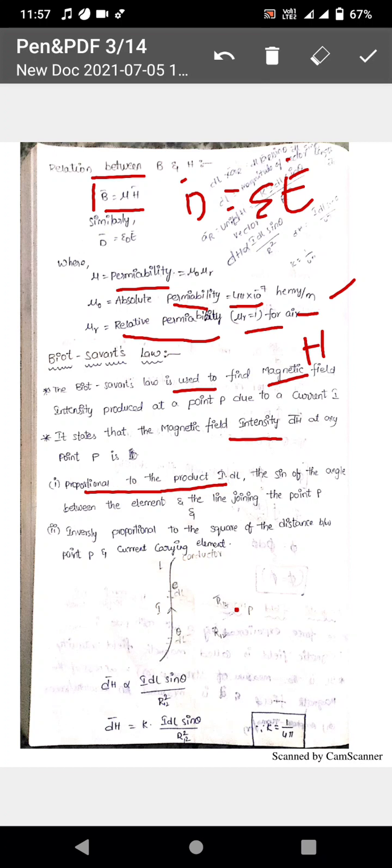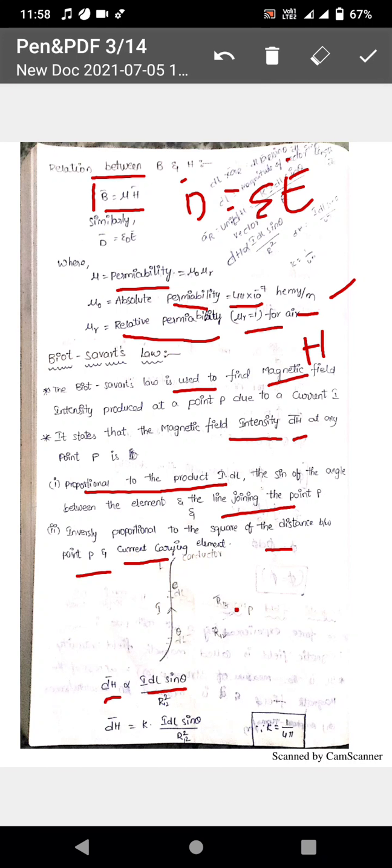It states that magnetic field intensity dH or H at any point P is proportional to the product of I into dl and the sine of the angle between the element and the line joining the point P. It also depends on I dl sin theta. dH is proportional to I dl sin theta and inversely proportional to the square of the distance between point P and the current carrying element.